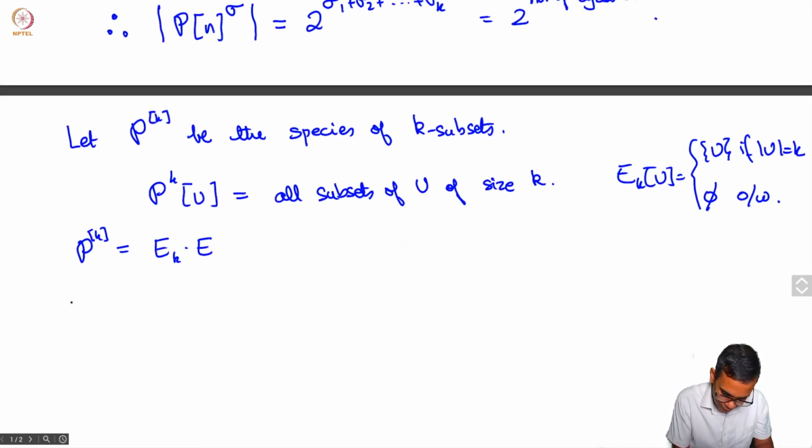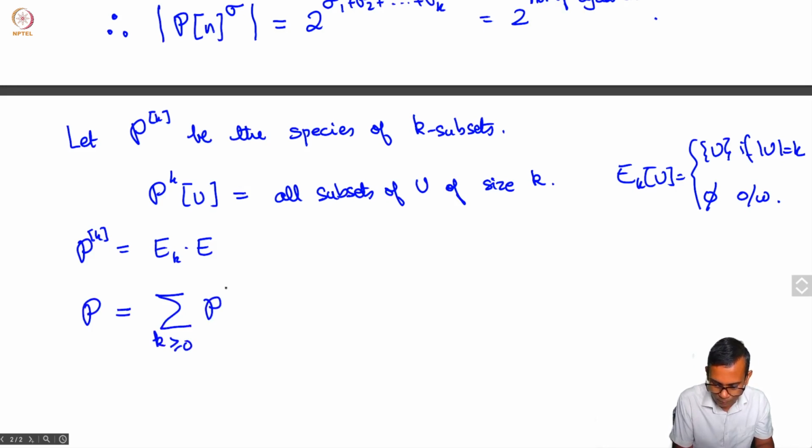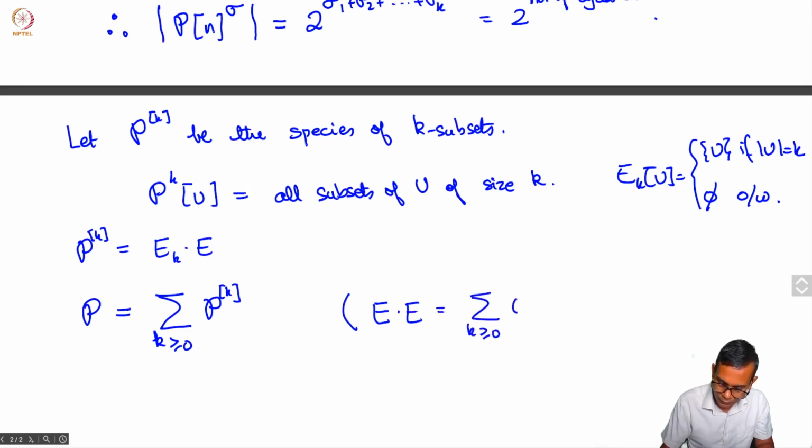Okay, but pk, the first thing to note is that we looked at infinite sums. Here's a nice example: sum over k greater than or equal to 0 of pk. And this is also easily reflected in the equation e dot e is equal to the sum over k greater than or equal to 0 of ek dot e.